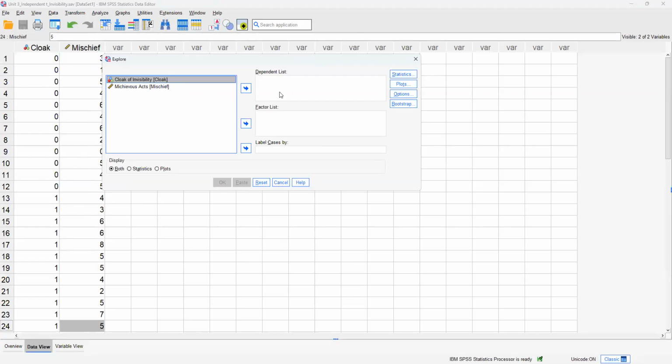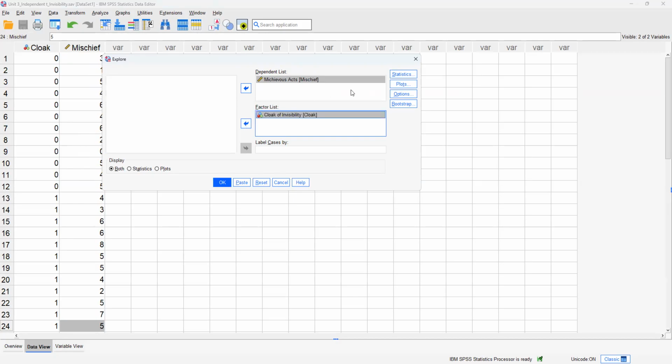This time we have two, so we put our dependent variable, mischievous acts, in the dependent box. Mischievous acts supposedly depend upon whether a person's wearing a cloak or not. So cloak goes into the factor list, the independent variable box. Factor is another term for independent variable.